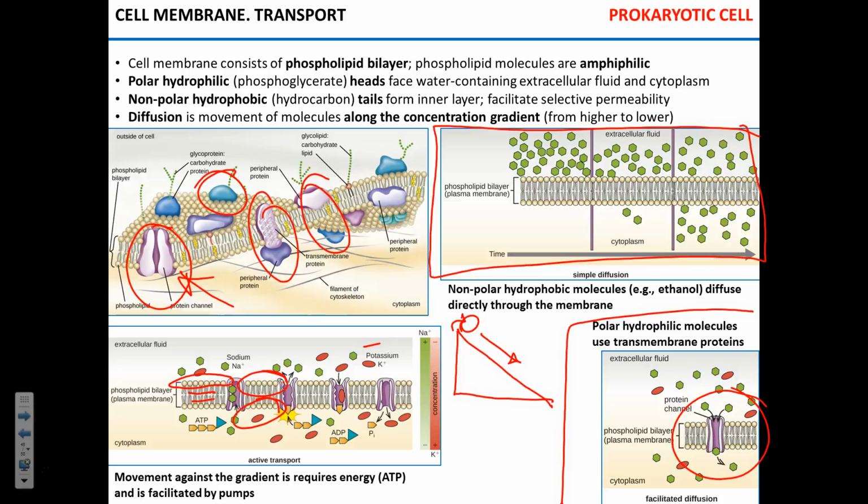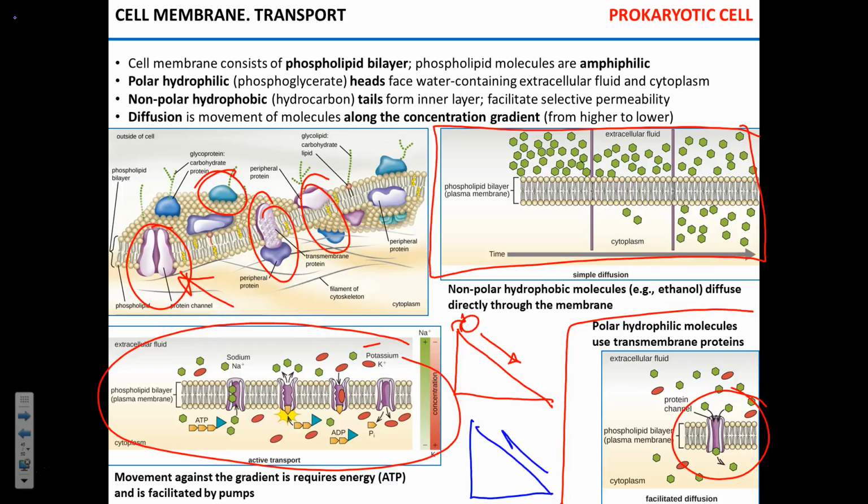What if you need to bring the ball back on top of the slide? What if you need to move something against its concentration gradient? You got to use the ATP, right? You got to use energy. This is called active transport. It's kind of a bunch of stuff here. I'm not asking for the details of how the sodium potassium pump works, but basically the idea that I want you to understand is that pump moves things against the gradient.